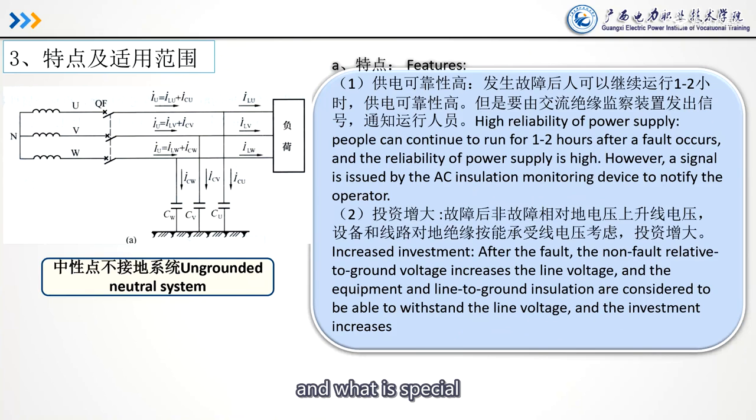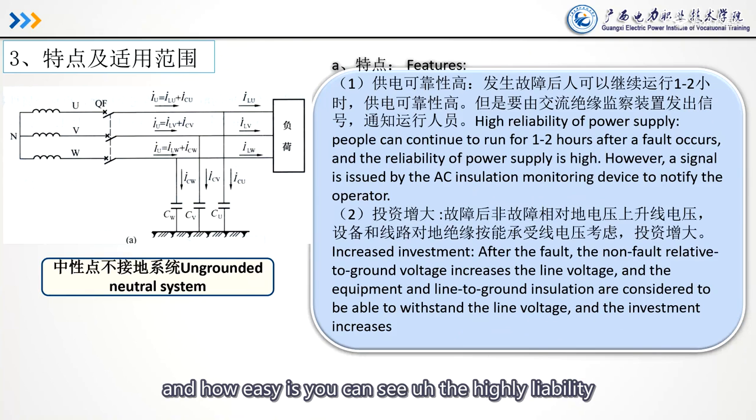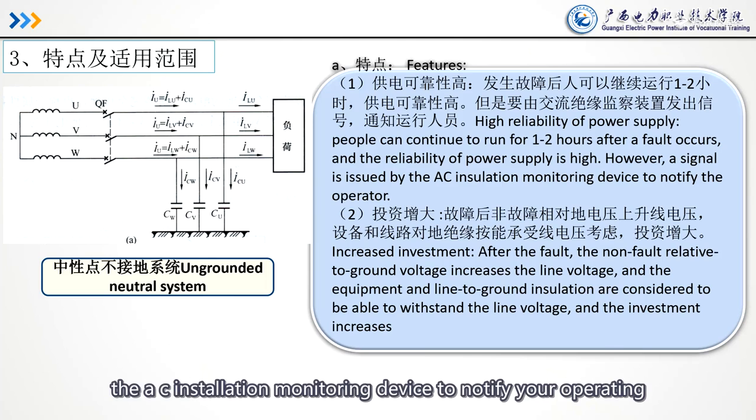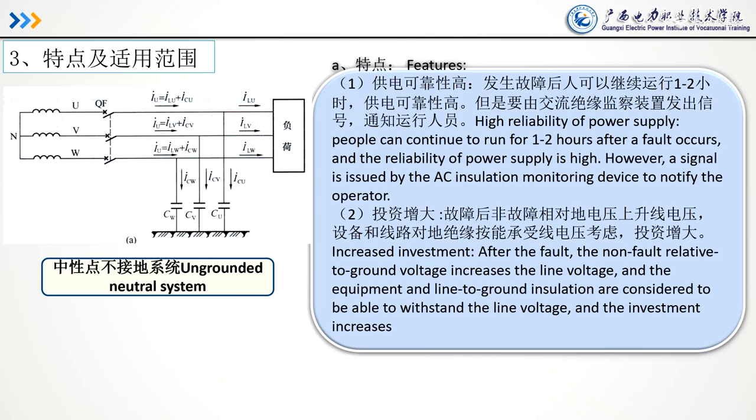And what is special about how it is used is the high reliability of power supply: it can continue to run for 1 to 2 hours after a fault occurs. However, a signal is issued by the AC insulation monitoring device to notify the operator.